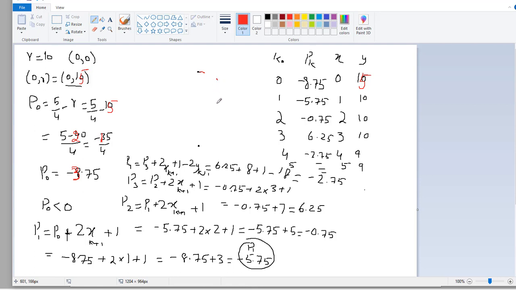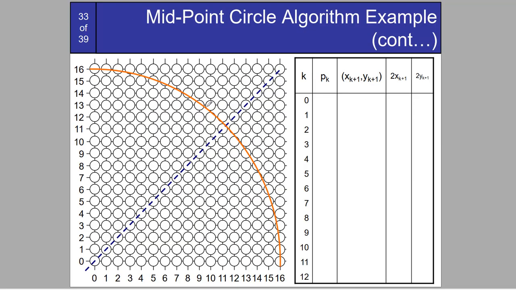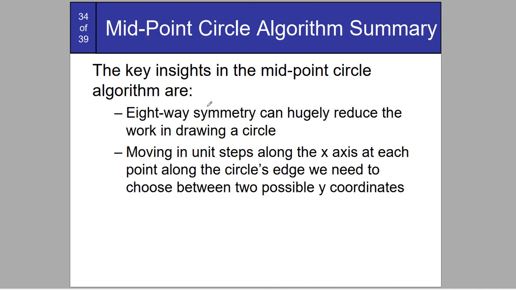I will also get this point and this point because of the symmetry, and for one point I will get 4. So I need to find these points, and at the end I will have a complete circle from this center. That's the second example.